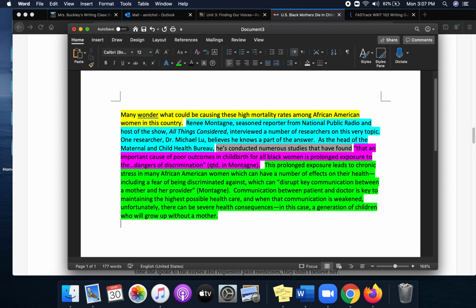I might then transition to looking at a particular anecdote and say something like, for instance, in the case of Shalon Irving. And then I'm going to go in and look at this anecdote that gives us sort of the human side of this much broader and bigger problem. Okay? So hopefully that helps just review some of those ideas about how to incorporate evidence.